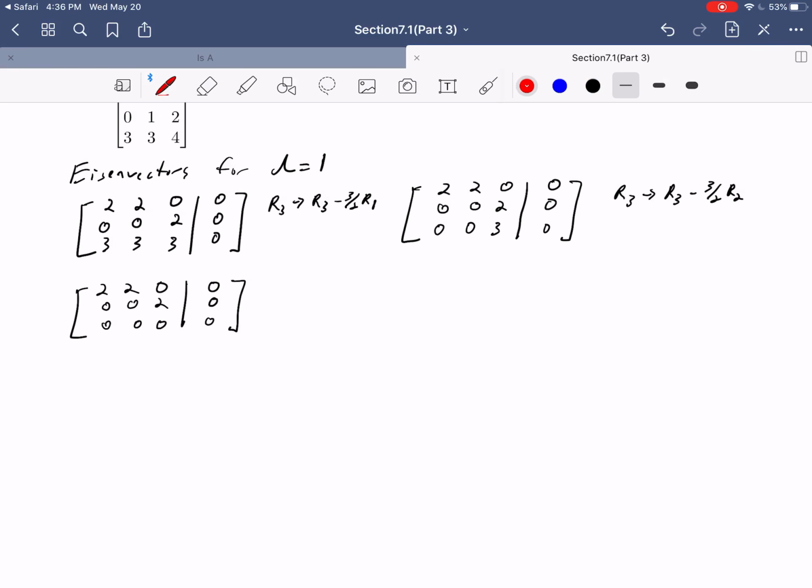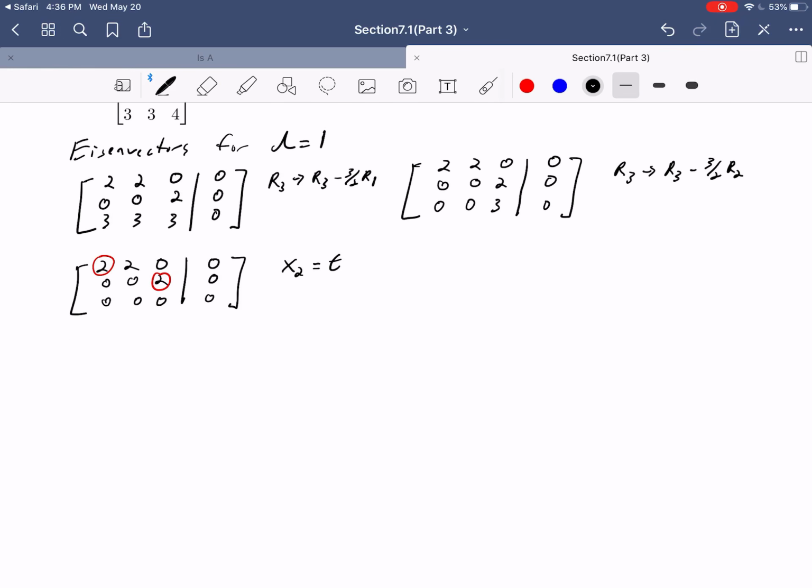We want to avoid parameterizing these, so we'll let x2 equal t. That second row gives us that 2x3 is supposed to be 0, so x3 is 0. And then we also get that 2x1 plus 2x2 is supposed to be 0. So 2x1 plus 2t is supposed to be 0, so x1 is supposed to be negative t.